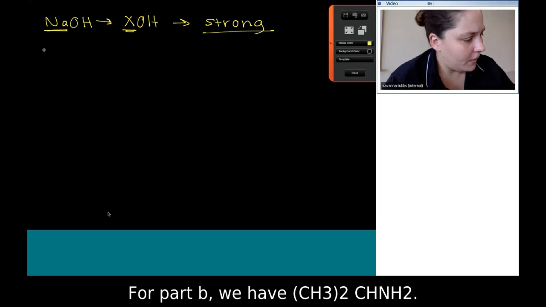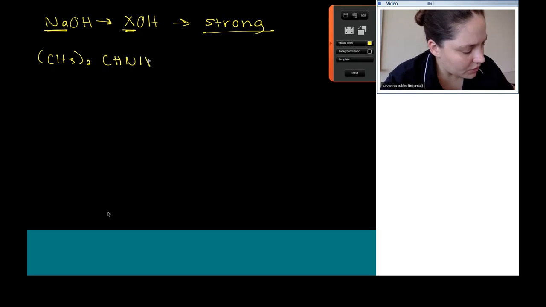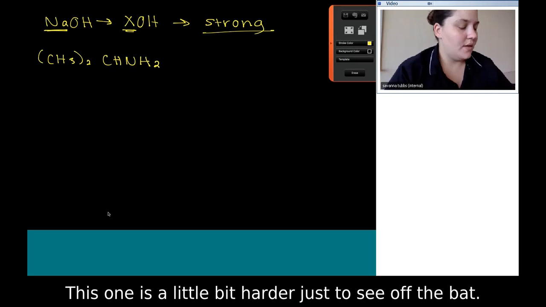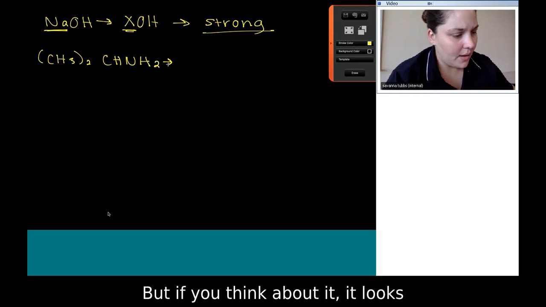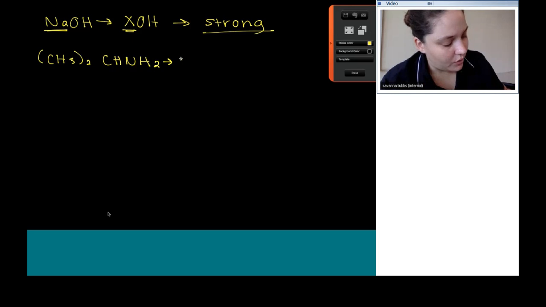For part B, we had (CH3)2CHNH2. This one is a little bit harder to see off the bat, but if you think about it, it looks like the structure of R2NH.